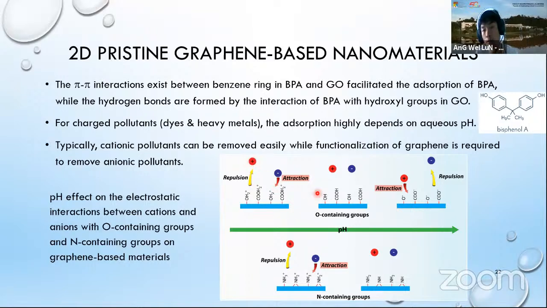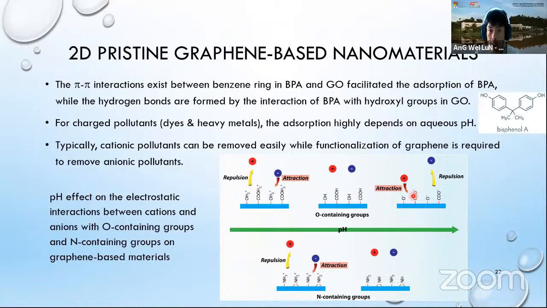But in most cases of wastewater, which is neutral or slightly alkaline, the functional groups of the graphene oxide or graphene will be in the form of, this is graphene oxide, negative charge.